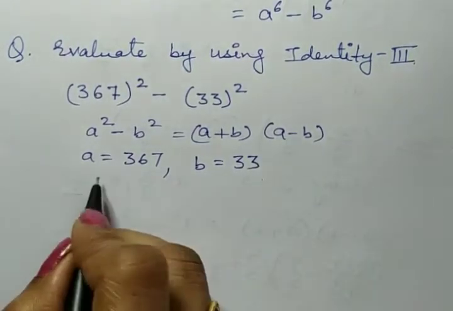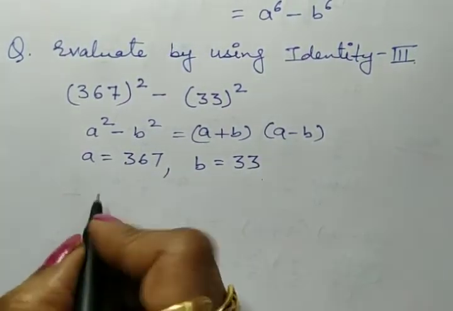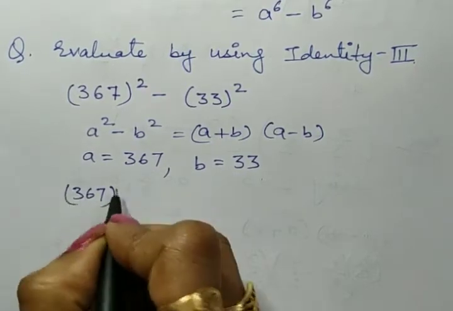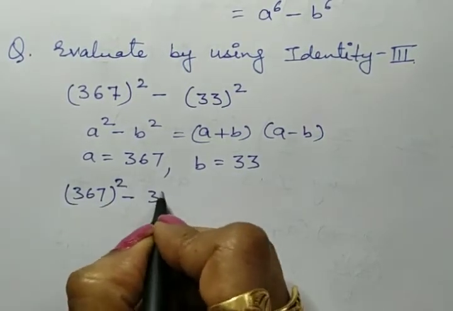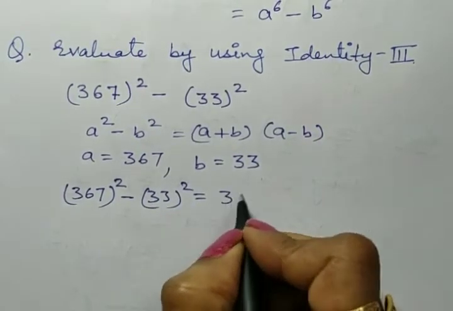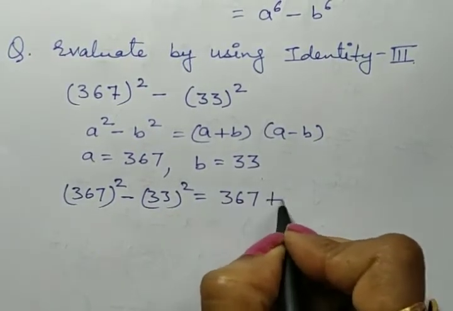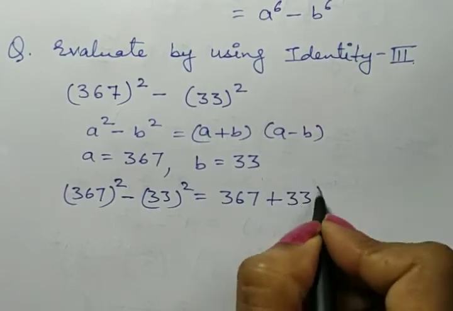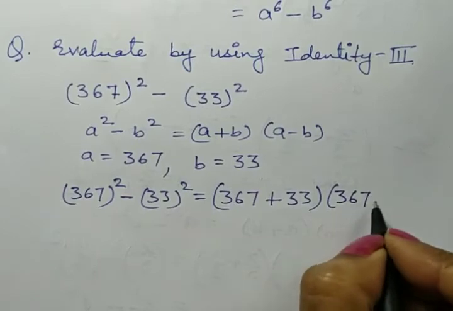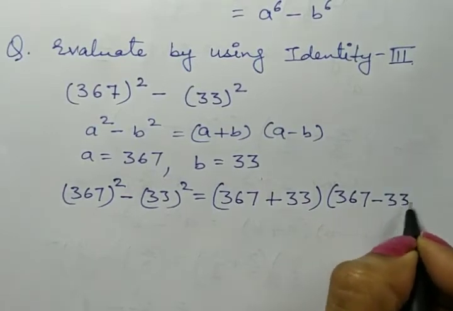Now put the values of a and b in this identity. So we will get 367 to the power 2 minus 33 to the power 2, that is equal to 367 plus 33 multiplied by 367 minus 33.